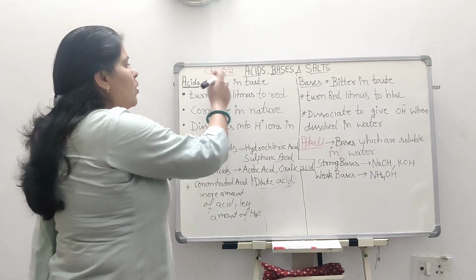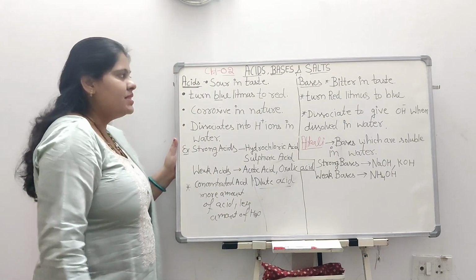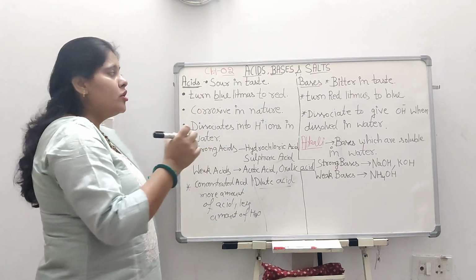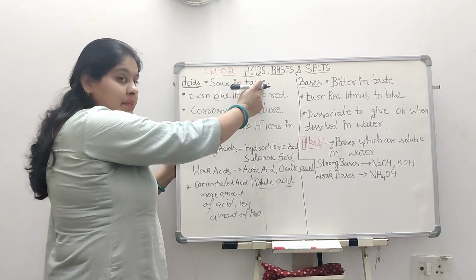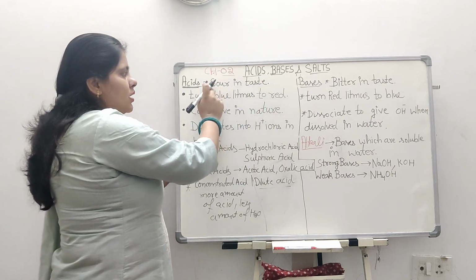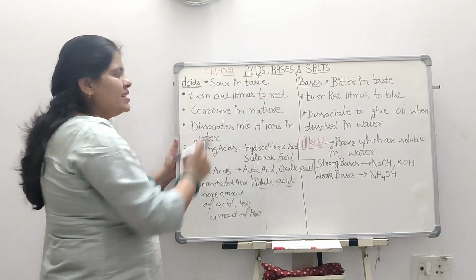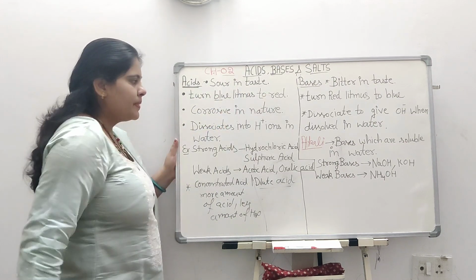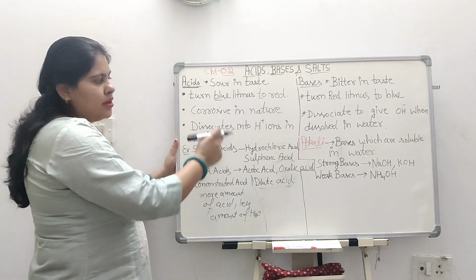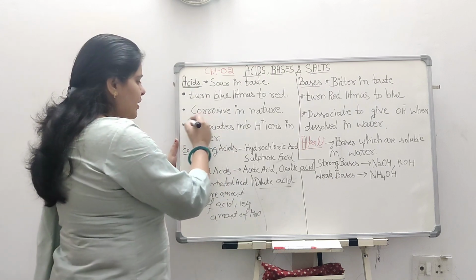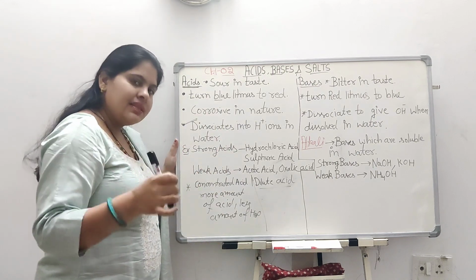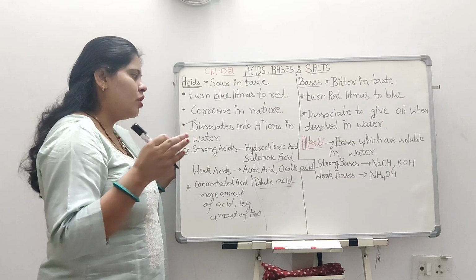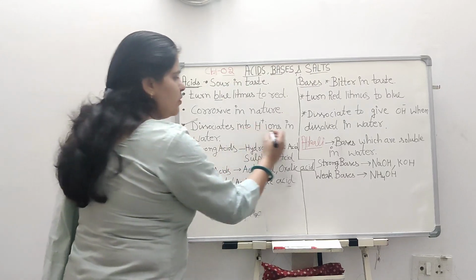Now what are the physical properties of acids? Acids are generally sour in taste, like lemon. So acids are sour in taste, they turn blue litmus to red, and they dissociate into H positive ions in water. This is a very important point: when acids are dissolved in water, they always produce H positive ions.